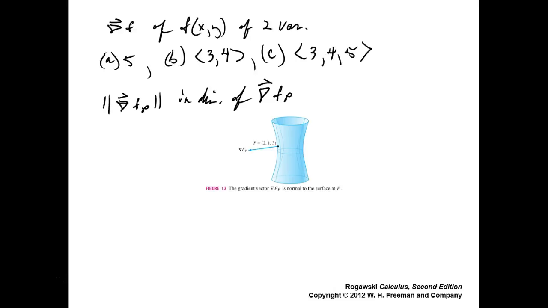Number 3, describe the two main geometric properties of the gradient del f. Two major geometric properties.